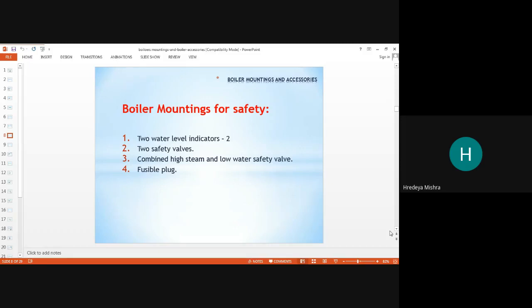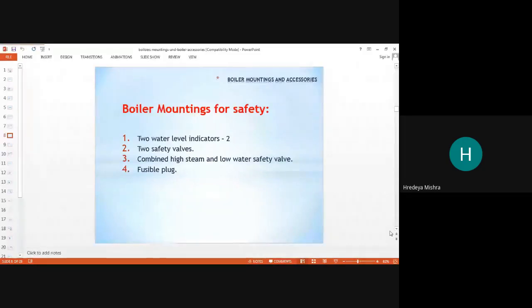It indicates the level of water in the boiler, whether water is required or not, whether the water position is low, sufficient, or higher than required.